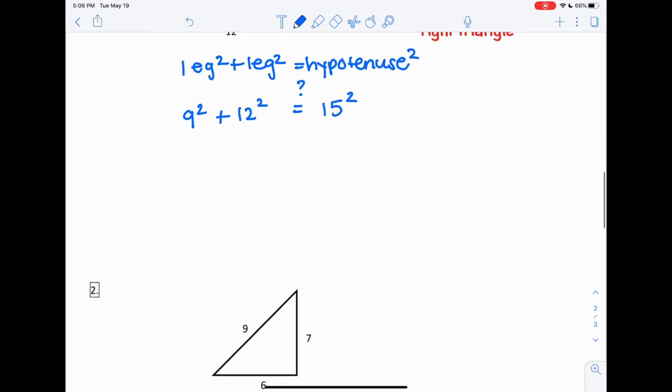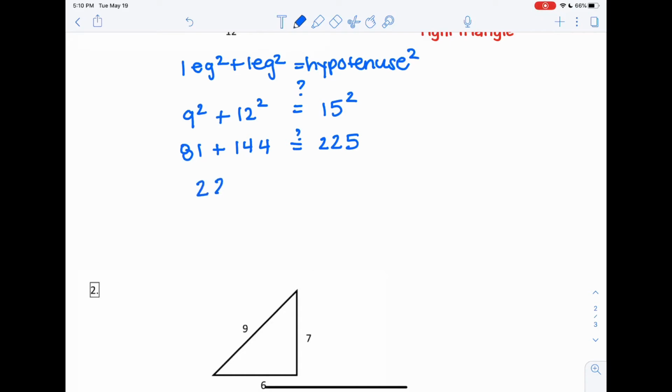So 9 times 9 is 81. 12 times 12 is 144. Does that equal 15 times 15, which is 225? I'm going to go ahead and grab my calculator and add 81 plus 144. And that indeed does add up to 225.